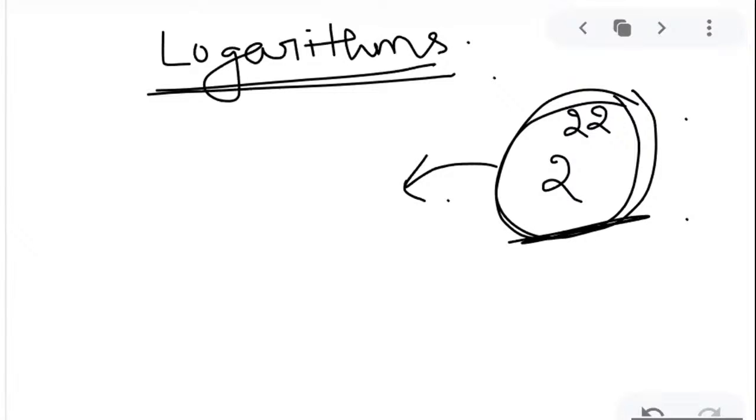Let's use the exact notations that you have in your textbook so that we won't be confused.